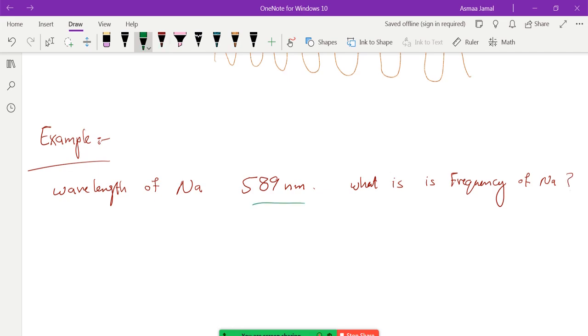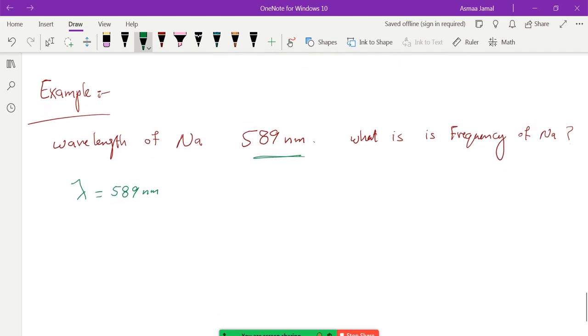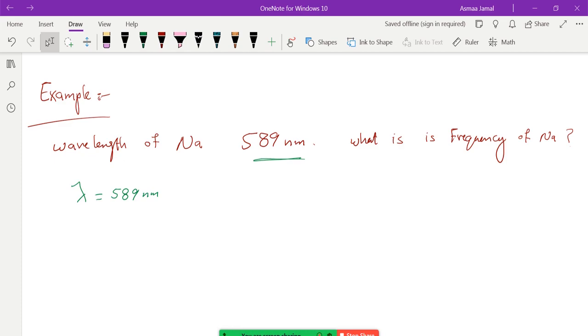We know the wavelength lambda is 589 nanometers, and we also need the velocity of light, or the speed of light, in the vacuum. V equals 3 times 10 to the power of 8 meters per second.